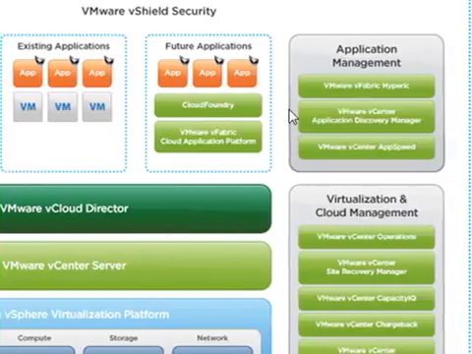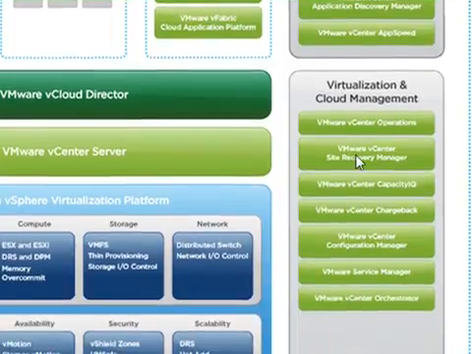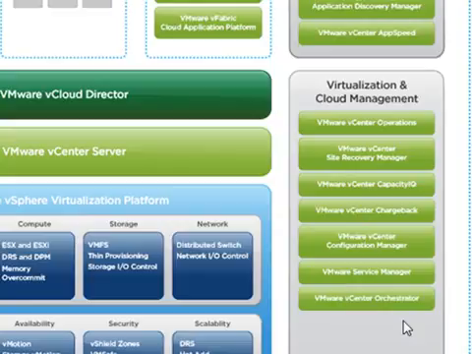And then on the right-hand side here, you've got application management, such as VMware vCenter AppSpeed, and then virtualization and cloud management with VMware vCenter Operations, vCenter Site Recovery Manager, Capacity IQ, Chargeback, Configuration Manager, Service Manager, and VMware vCenter Orchestrator. So what this really is, is laying out every possibility that VMware offers for your virtual infrastructure.